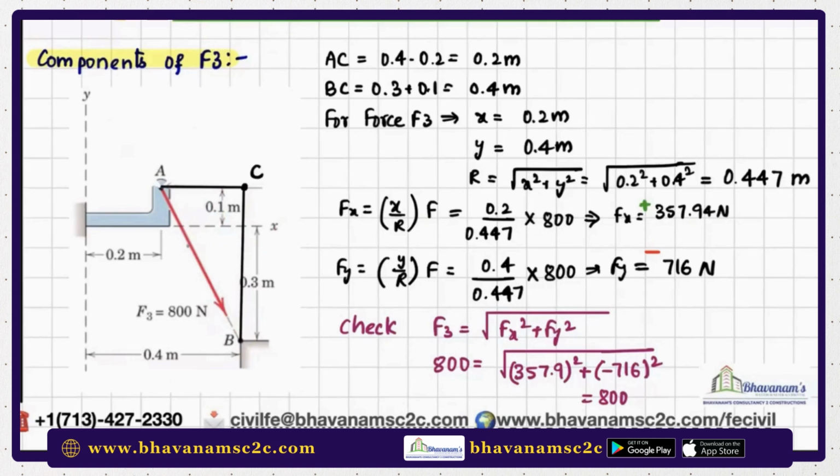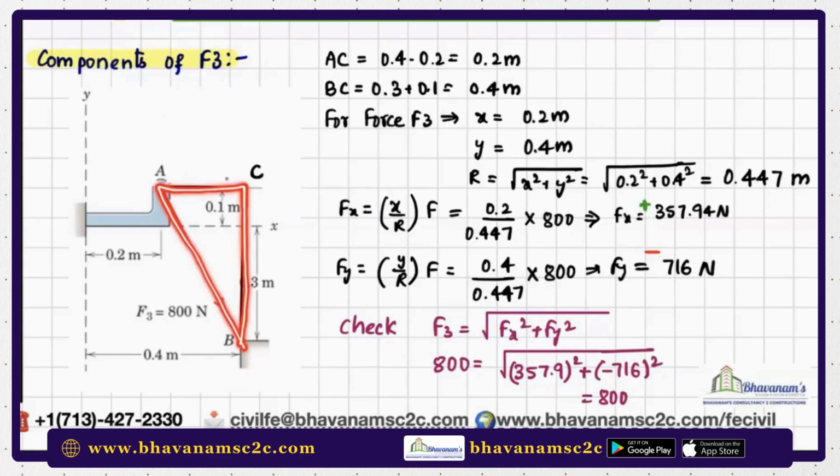What you do, since they have given the distance till point B, but not till the point where the force is ending, you will consider an imaginary triangle. You just draw a line parallel to the x-axis from here and a line parallel to the y-axis from here to here. Got it?